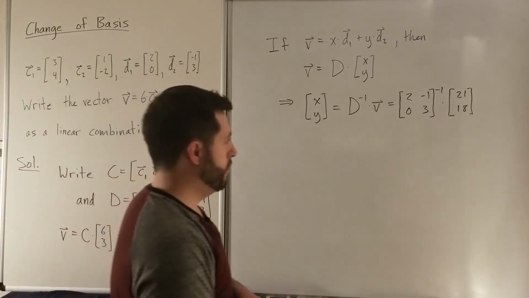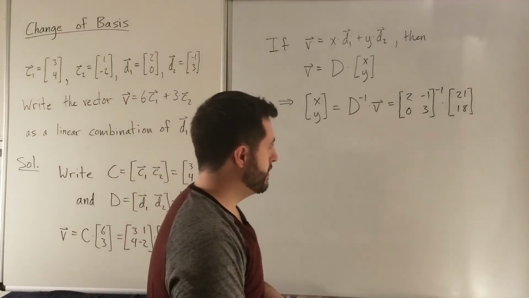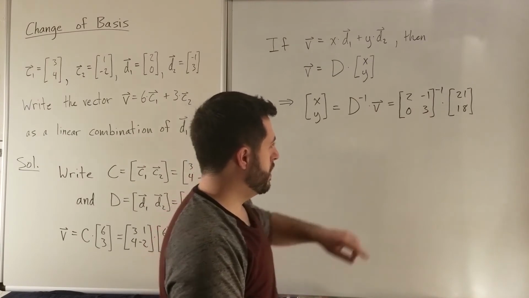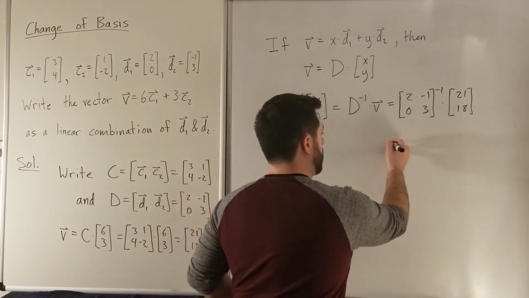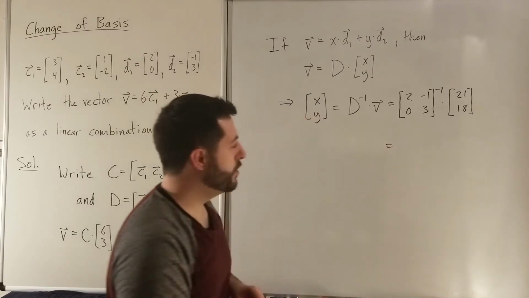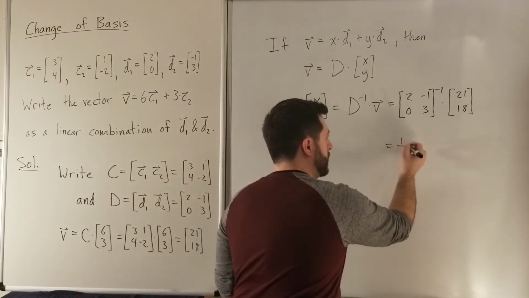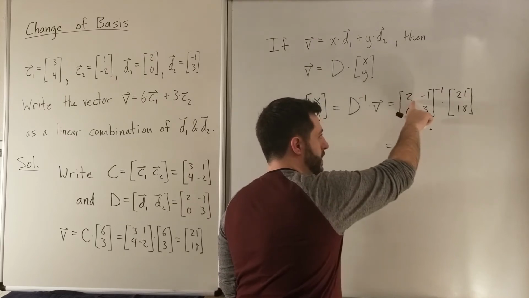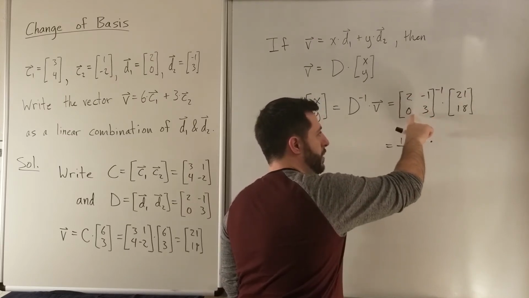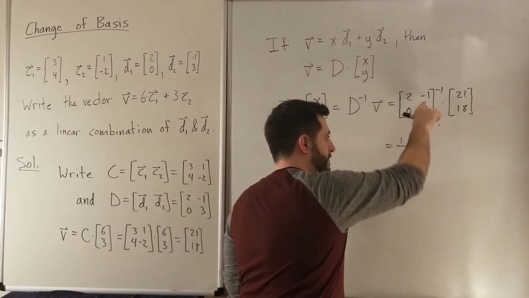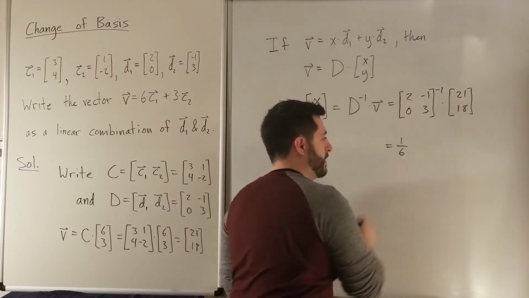All right, so let's go ahead and invert this matrix. If you don't remember, you invert a 2 by 2 matrix by first saying 1 over the determinant. The determinant of this is 2 times 3 minus 0 times negative 1, so that's just 6.